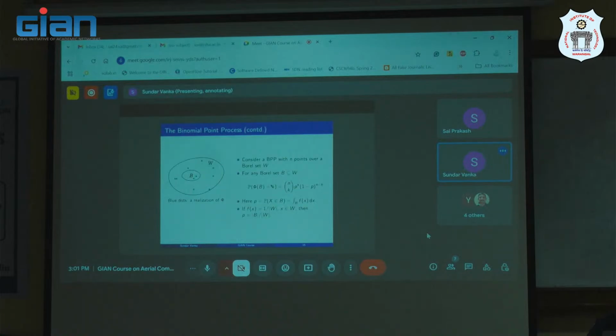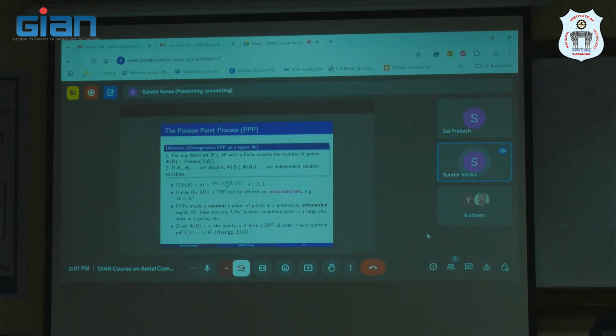That is BPP. What we are saying in the case of PPP is that the number of points the PPP puts in a given ball or a given area can be different. It's distributed according to this. But given that it put n points, those n points, each of them, their locations do not influence each other.